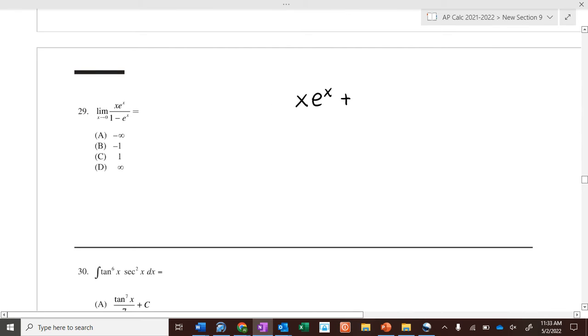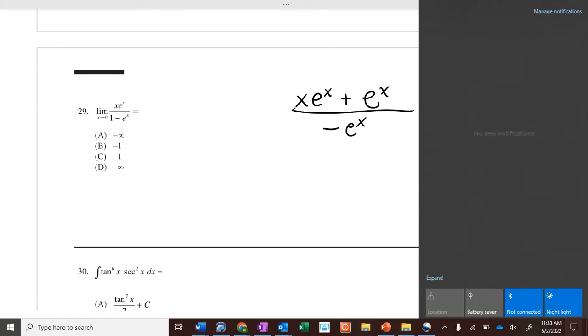The derivative of e to the x is e to the x. So it's x times the first derivative of e to the x, which is e to the x, plus e to the x times the first derivative of x, which is 1, over the first derivative of the denominator, which is negative e to the x.